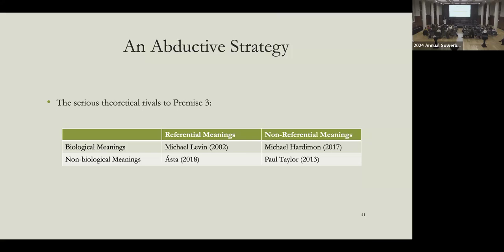My hypothesis defends the biological referential box here, but there are other philosophers with pretty strong race theories that could be competitors, like Michael Levin's. Michael Hardiman's would be a non-referential biological account. Paul Taylor from UCLA would have a non-referential, non-biological account, and Asta, who I think is at Duke now, would have a referential, non-biological social construction account.